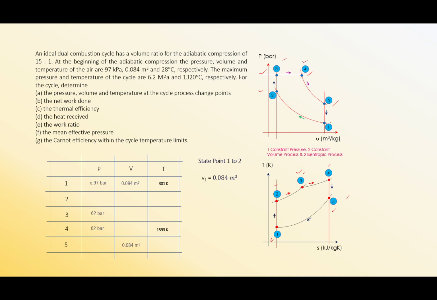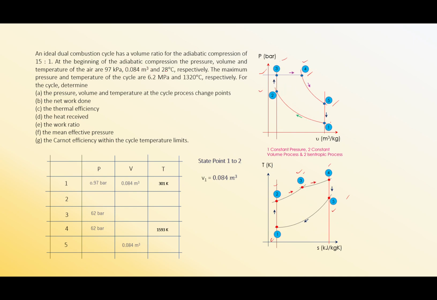At the beginning of the adiabatic compression, they have given us the pressure, volume, and temperature. That is 97 kPa for pressure, equivalent to 0.97 bar, and the absolute volume of 0.084 meter cube.